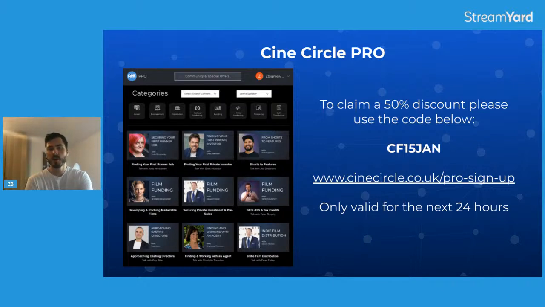Cool. So government funding. If you're talking about BFI funding and so on in the UK, I think that is quite a different topic. It's quite hard to discuss in a short period of time.